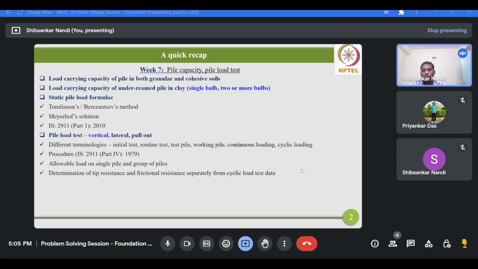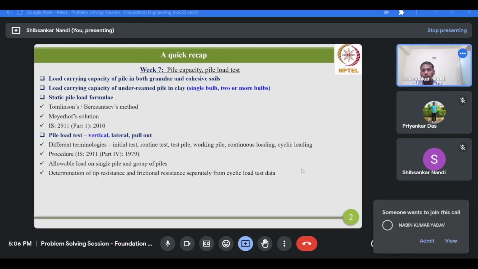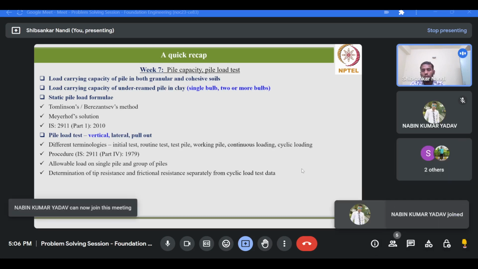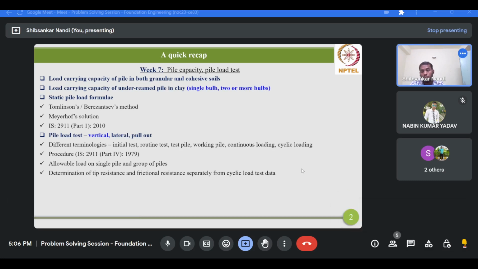Now the lateral and pull out tests are used when you have to calculate the lateral or uplift resistance of the pile. The vertical pile load test is essentially useful when the pile is subjected to a load which is compressive in nature, applied in the vertical, axial direction of the pile.